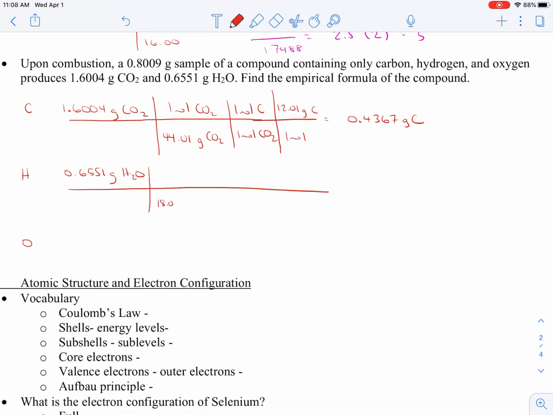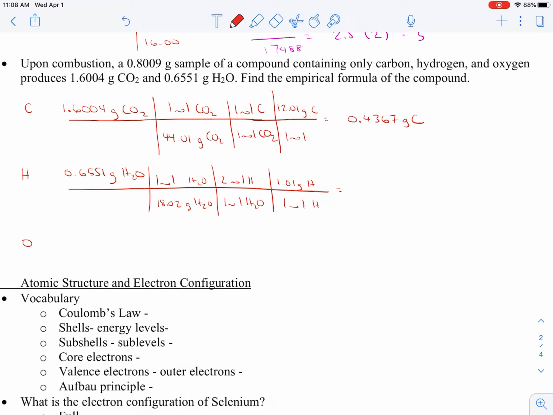Alright, water's mass is 18.02, 1 mole there, grams of water. That's 1 mole of water. 1 mole of water has 2 moles of hydrogen, and 1 mole of hydrogen has a molar mass of 1.01, and that'll give us our grams of hydrogen.